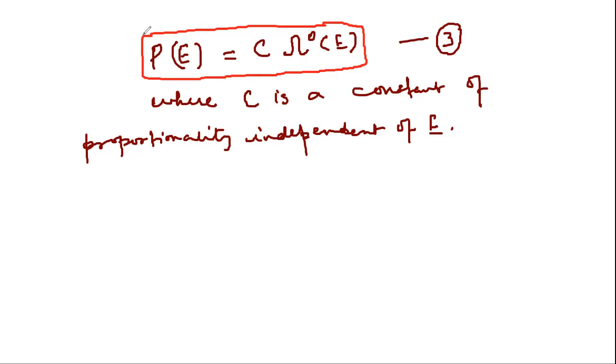Now we can see how this probability function P of E behaves with the variation in E. I will give you its graph, but that graph can be mathematically justified.